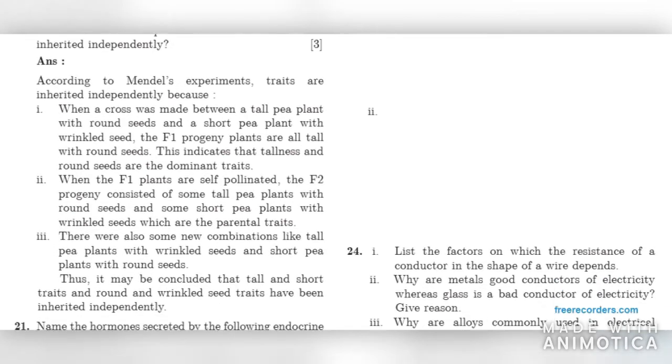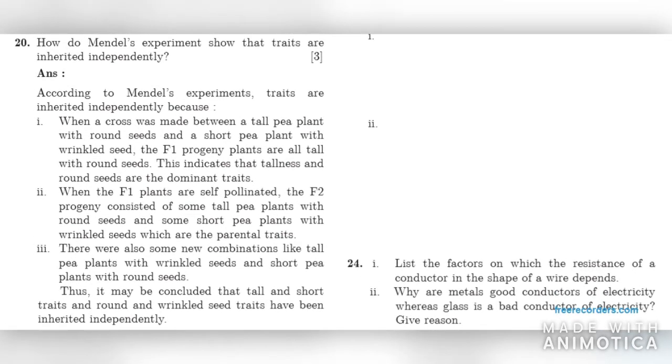You have to explain that phenomenon fully. Tell what the F1 progeny is, then what the F2 progeny is, and how they are adopted in this case. In the end, he concluded that tall and short traits and round and wrinkled traits are inherited independently. That's the most important line of Mendel's experiment.